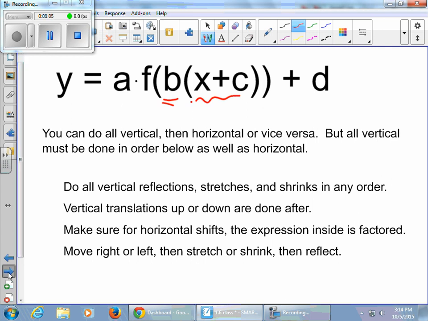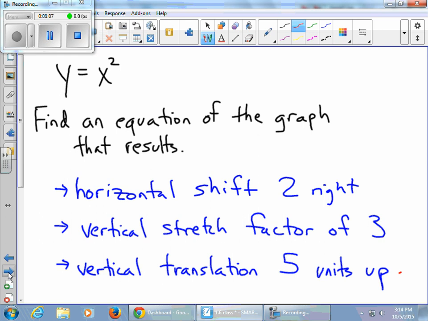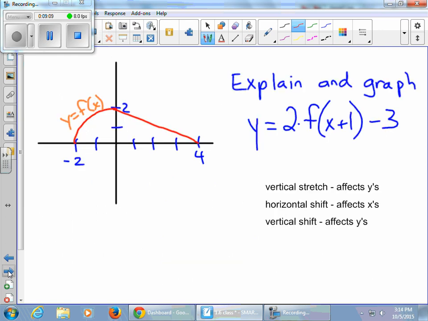So if we look at one, what you're going to be asked to do is graph them. So I give you a picture, and I want you to find a new picture. Okay? That f of x is some strange looking picture. So if we look at this, it doesn't matter if you stretch it, then move it left or right, or if you move it left or right, then stretch it.